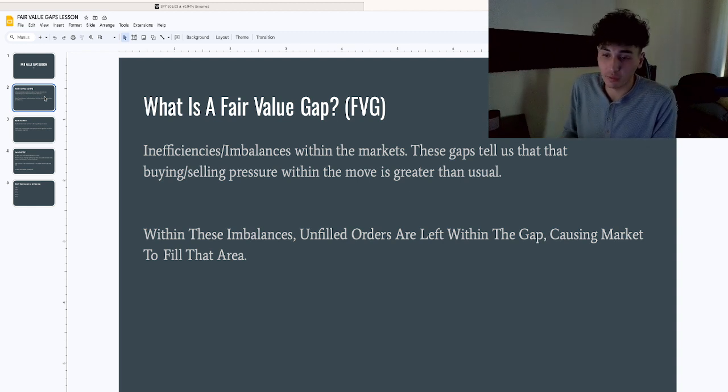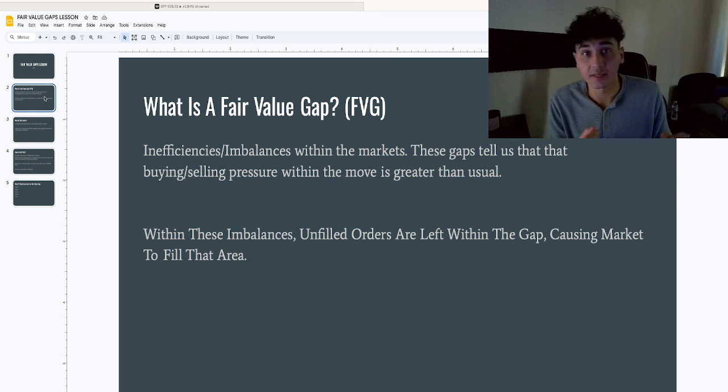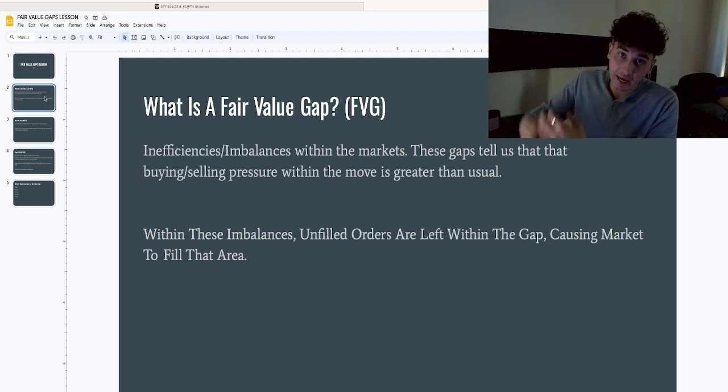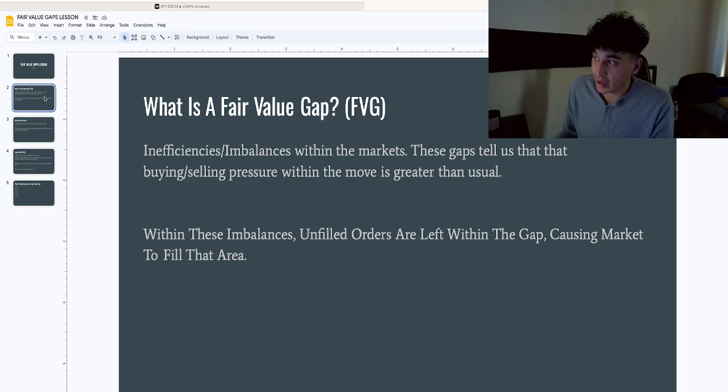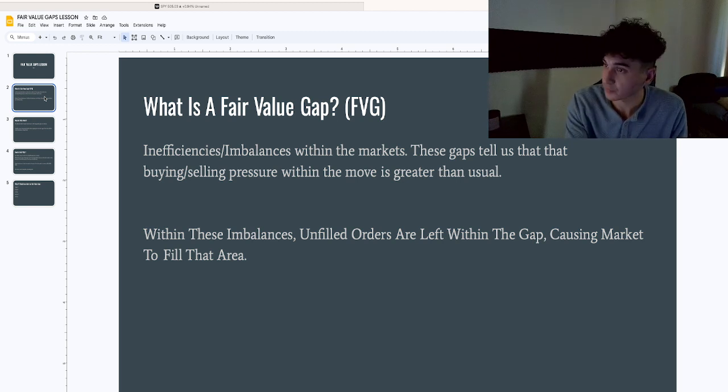Because in order for market to make the next move to where it wants to move to next, it needs to make sure that the gaps, the imbalances, unfilled orders within that area are filled. And that's exactly how fair value gaps work, is due to the fact that the gap is what creates an imbalance, and within that imbalance is where unfilled orders are left, and also where that imbalance area wants to get filled, right? So moving on.